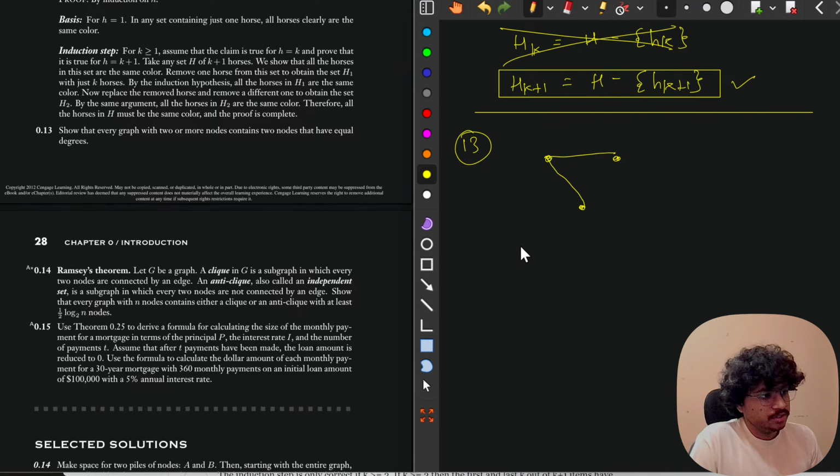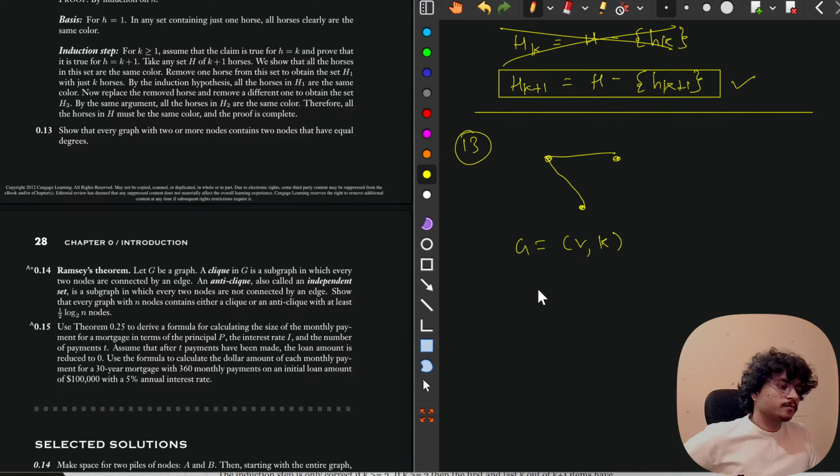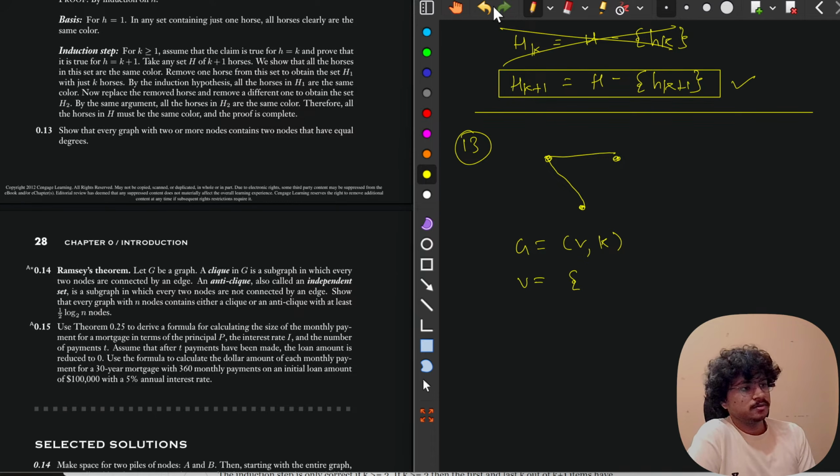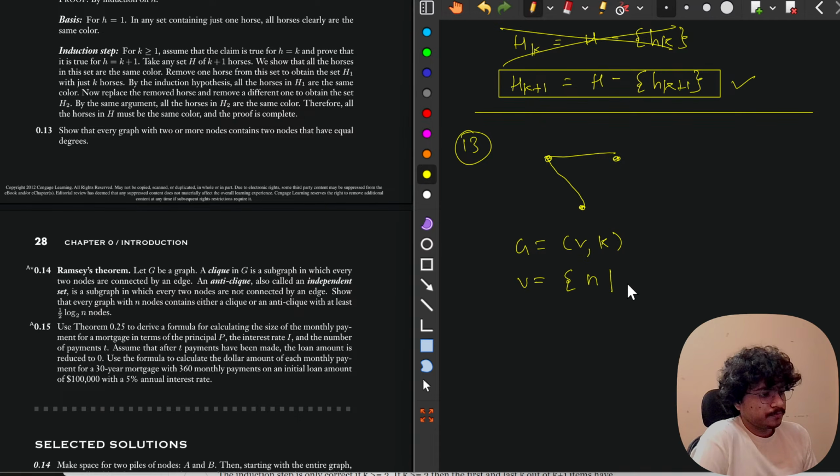I will make a graph G that of course is made up of V comma K, where V will be a set such that this V set will contain the element n, such that n belongs to natural numbers and n is greater than or equal to 2.